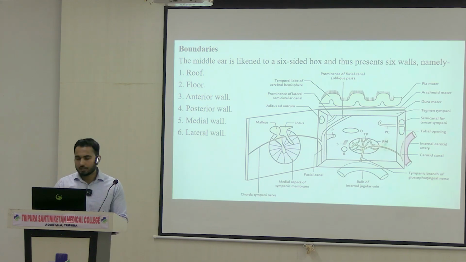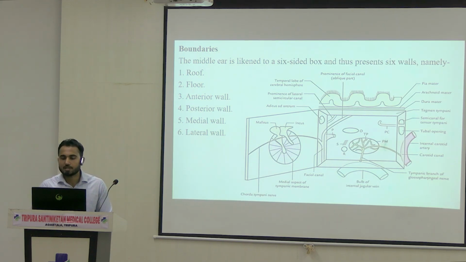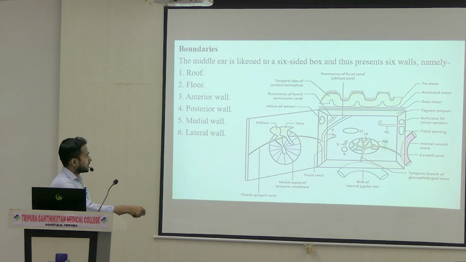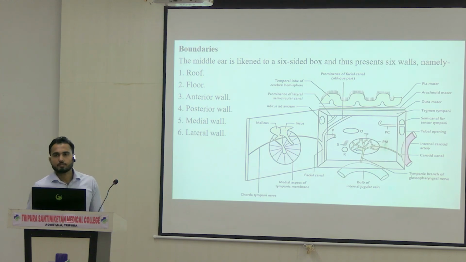Next, the most important and you can say the most difficult part, that is the boundaries. So what are the boundaries? Total 6 boundaries are there. This is the roof, this is the floor, this is the anterior wall, this is the posterior wall, this is the medial wall, and this is the lateral wall. Now, in each and every boundary, can you see some features?